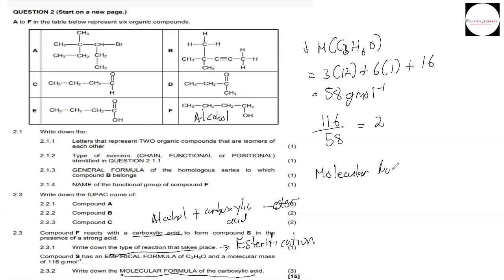So the molecular formula is now 3 multiplied by 2, that's C6, and then 6 multiplied by 2, that's H12, and then 1 multiplied by 2, that's O2. So there you go, you have your molecular formula just like that. And if you want to confirm that you are correct, you can calculate the molecular mass and see if it gives you 116 grams per mole. In that way, you will confirm that you are correct.